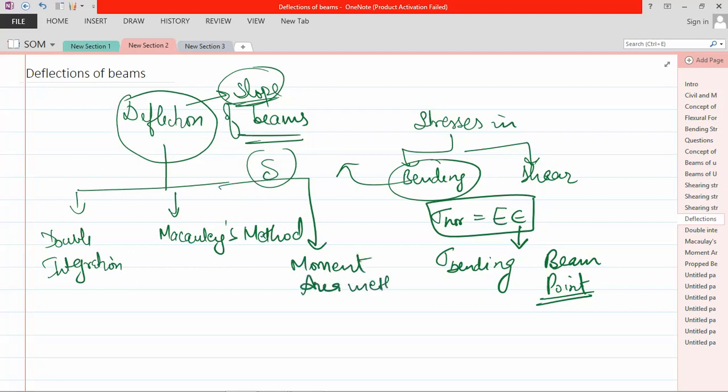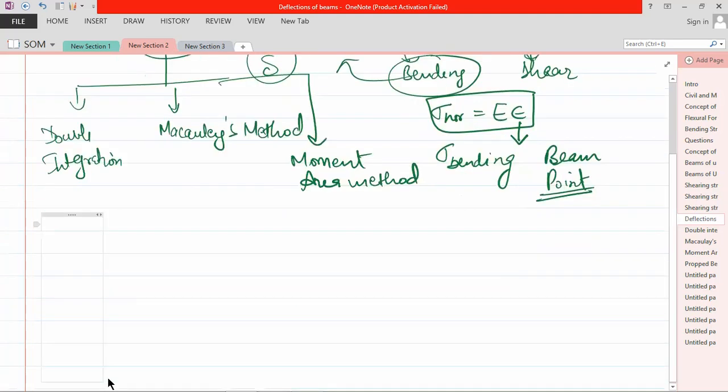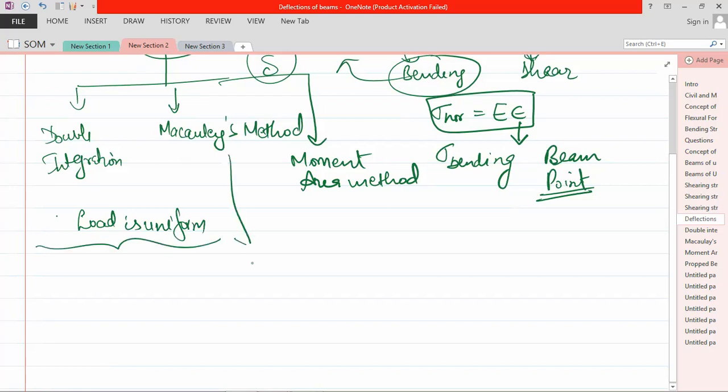Now, if you look at these three methods, the double integration method can be used when the load is uniform. In Macaulay's method, the load can be uniform or a point load with a uniform load, and you can use this.